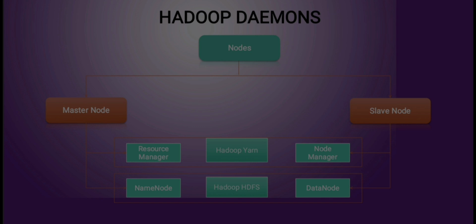Secondary name node. Secondary name node is used for taking the hourly backup of the data. In case the Hadoop cluster fails or crashes, the secondary name node will take the hourly backup or checkpoints of that data and store this data into a file named FS image.